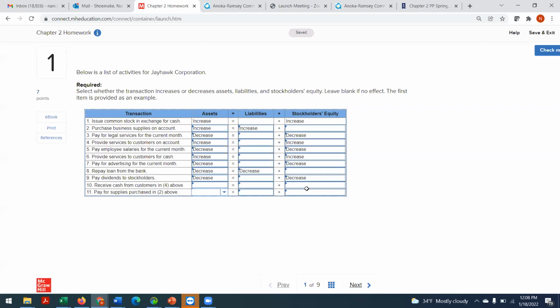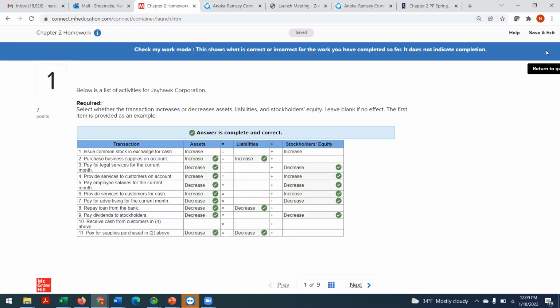Yes, cash and accounts payable, right? So our cash, when we pay a bill, goes down. But now won't our liability also go down because we paid it? Doesn't that make sense?